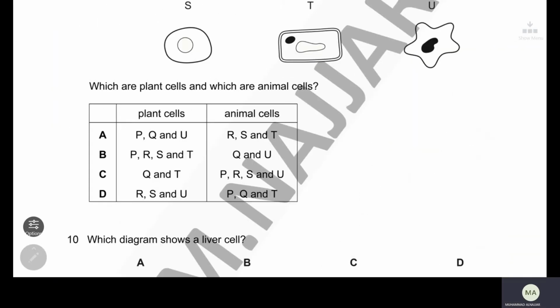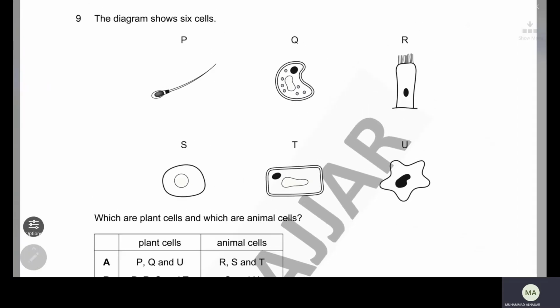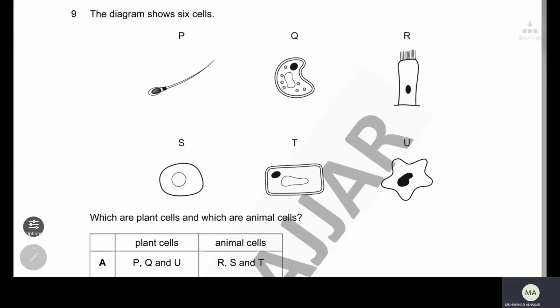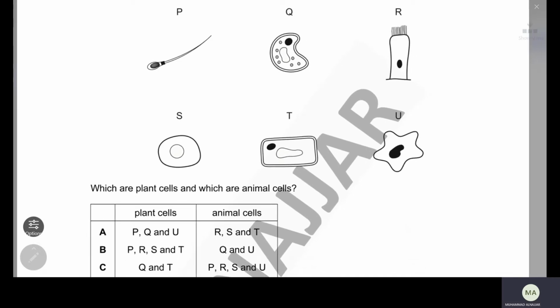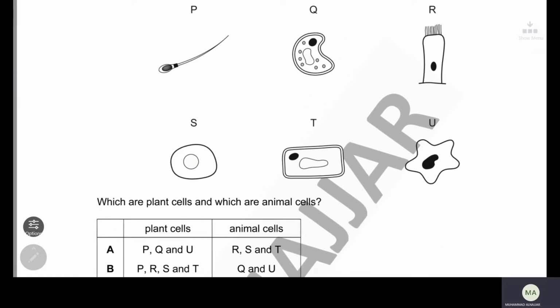Question number 9 says, the diagram shows 6 cells that are labeled P, Q, R, S, T, U. Which are plant cells and which are animal cells? Again, my first technique to answer those questions, even if you do not know the proper answer, is to label them.